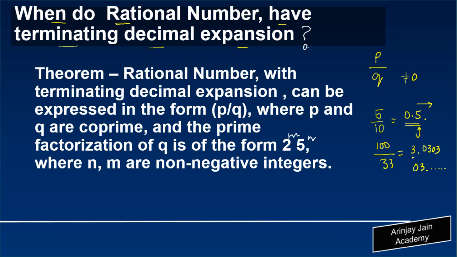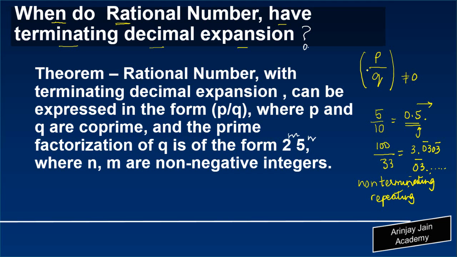So these are called non-terminating because they are not terminating. After the decimal there is no 0 or no end to it. And repeating. Why repeating? Because if you see here, 03 is repeating itself a large number of times. Non-terminating, repeating decimal expansion. So can I say by just looking at this number whether or not it will have a terminating decimal expansion?